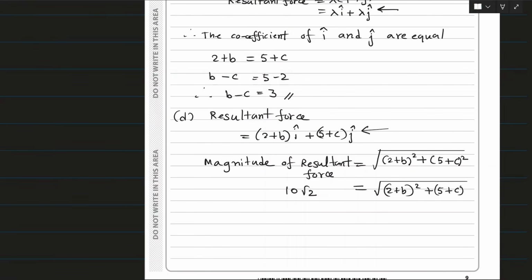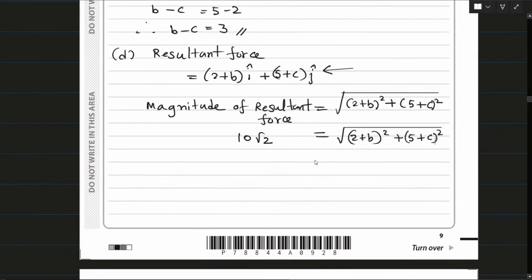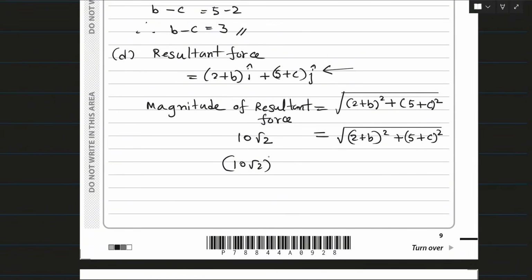Now simplifying this expression will give us another equation in b and c, a second equation that contains b and c as unknown values. We can square both sides, and that will eliminate the square root. Squaring both sides gives us 10 root 2 whole square on the left, and on the right side we have 2 plus b whole square and 5 plus c whole square.